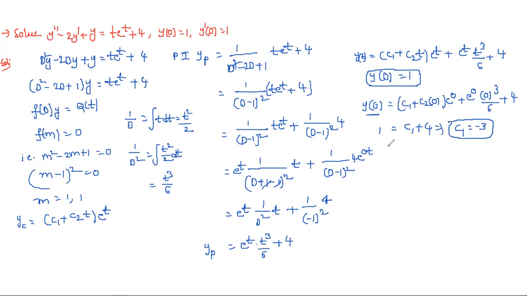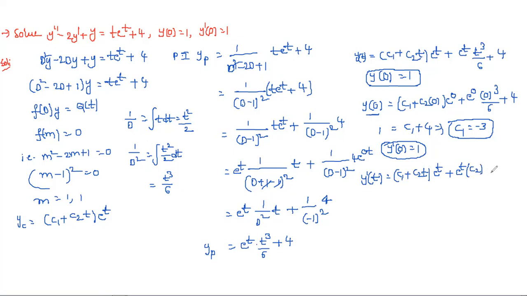Next, y dash of 0 equal to 1. Another condition. For that, we have to apply the derivative for this one. So if you apply the derivative, what will we get? y dash of t is equal to, the u v formula applies. (c1 plus c2 t) into e power t as this, plus e power t into the derivative of this one, c1 constant 0 and c2 remains.